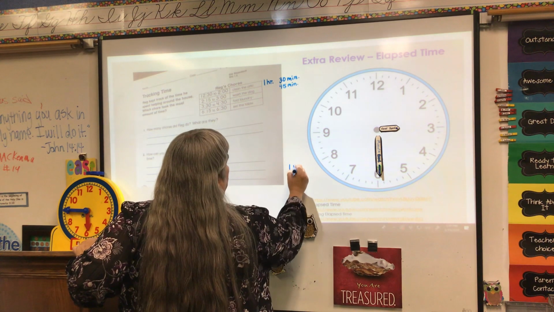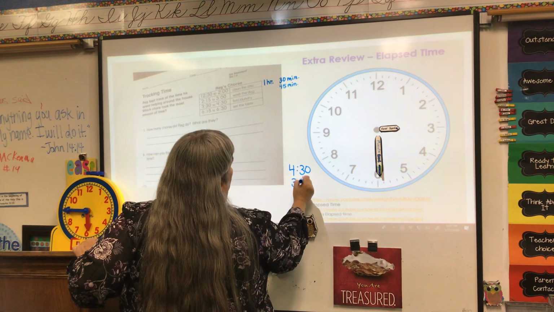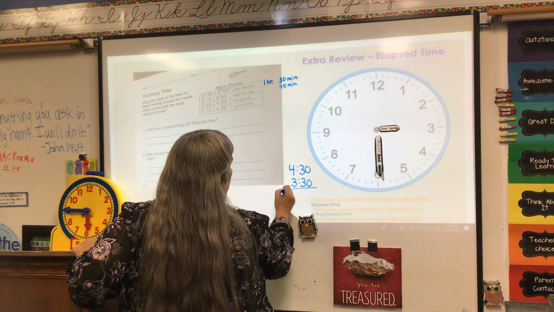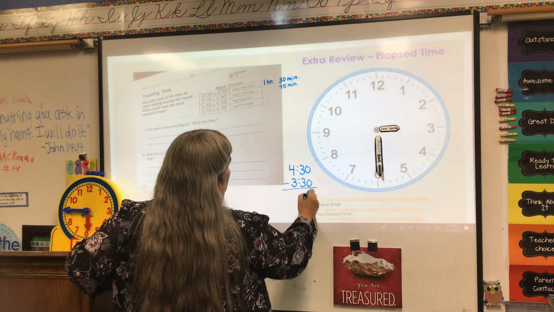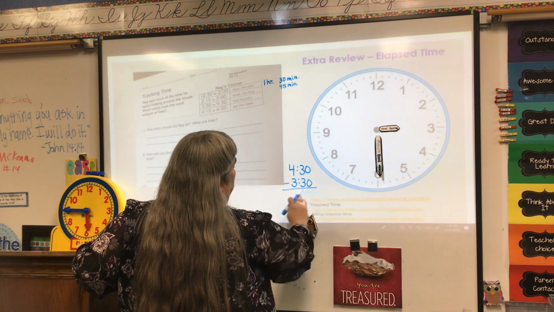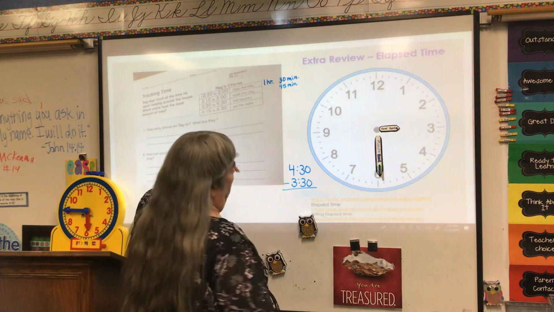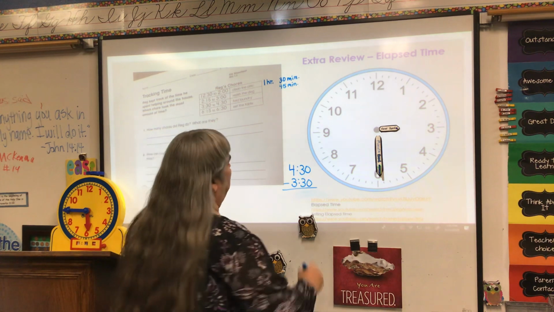So we put the end time on top. We put the start time on the bottom. And we subtract. 0 take away 0 is 0. 3 take away 3 is also 0. So we end up with 2 zeros there. So that's fine. And then what's 4 take away 3? 1.